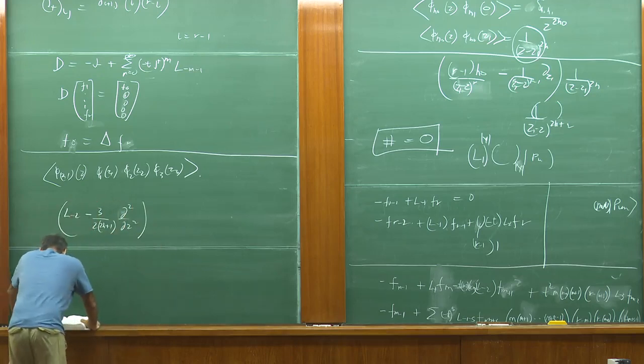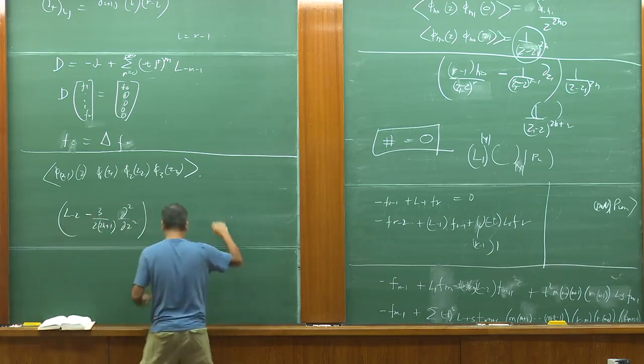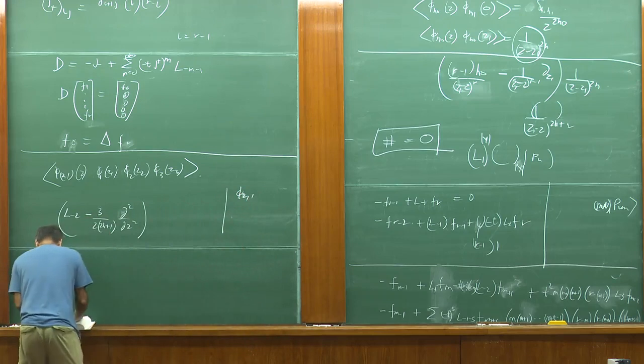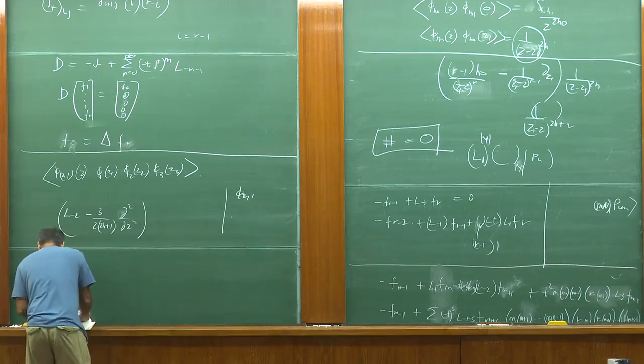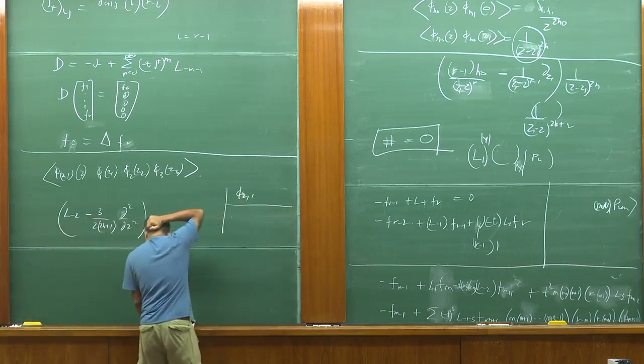Okay, and now we can put in what this h is, by putting in the dimension of phi 2,1. Was that half? Sorry, let me look that up.